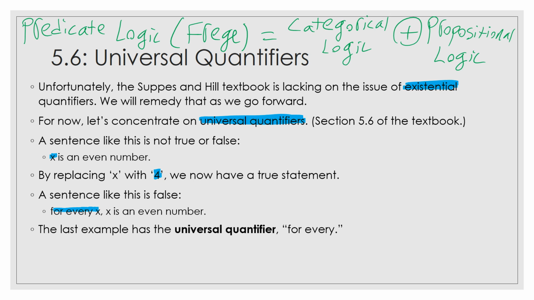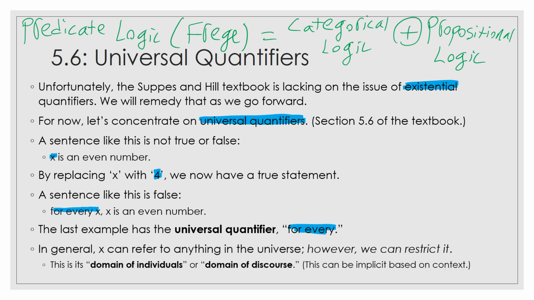Now, in this last example, we have the universal quantifier for every. And other terminology that you may encounter would include for everything, or for everyone, or for all x, or all things, or any, and so on and so forth. Now, in general, x can refer to anything in the universe.